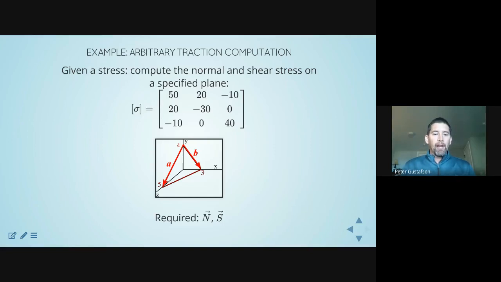I'm taking a plane that has, in the x direction, a magnitude of 3, a y direction magnitude of 4, and a z direction magnitude of 5 from the origin. So this plane is pointing off in the positive x, y, and z directions. Each of the angles is a little bit different relative to the Cartesian axes.